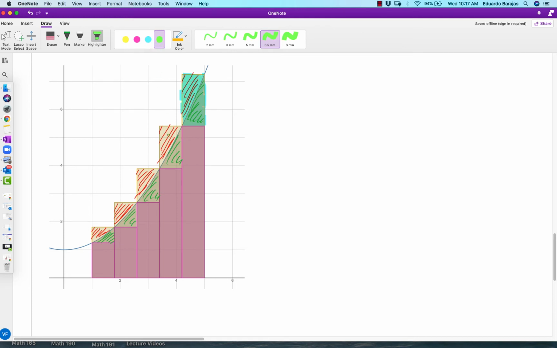Coming back over here, let's look at this one in yellow. In this little rectangle, the red is smaller than the entire highlighted rectangle, and the green by itself is also smaller than the entire rectangle. We can do that across for the other ones as well.